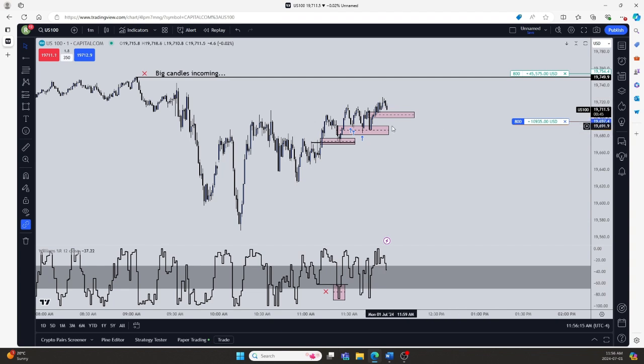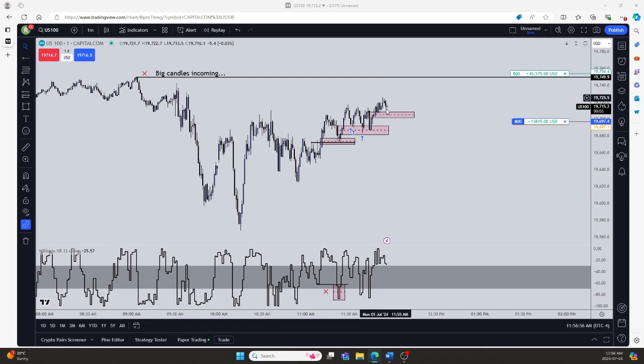And price will trade through this balanced price range and potentially even take out this low. This BPR here needs to reject right away.